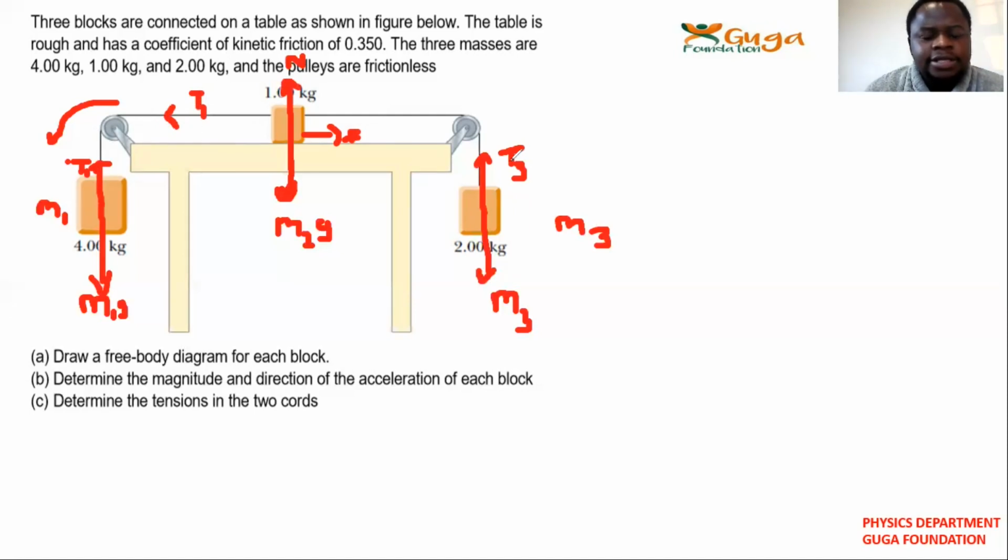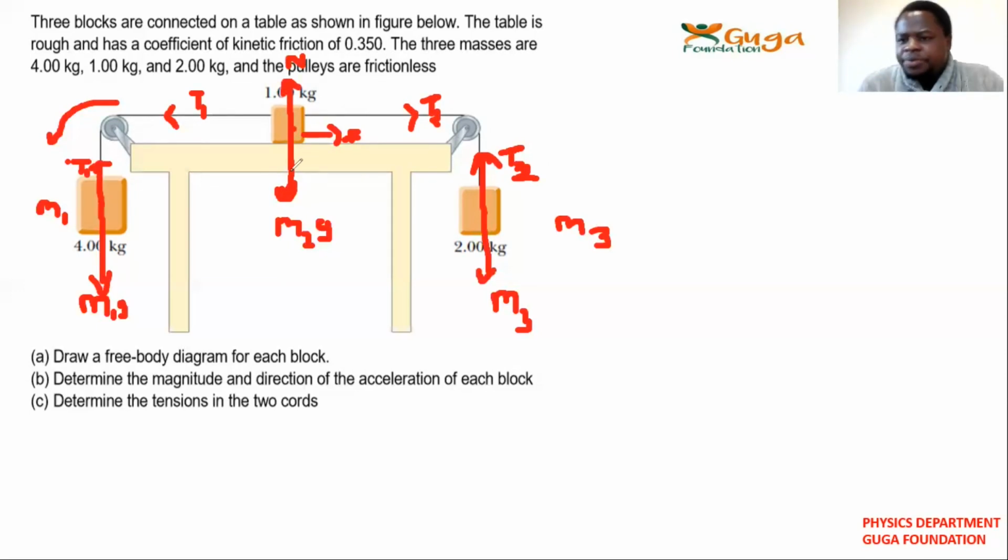And then if here is T3, I can just say maybe here T2, and then also if this force is going up, it means that this one will also go this direction. So you will have T2 this side.